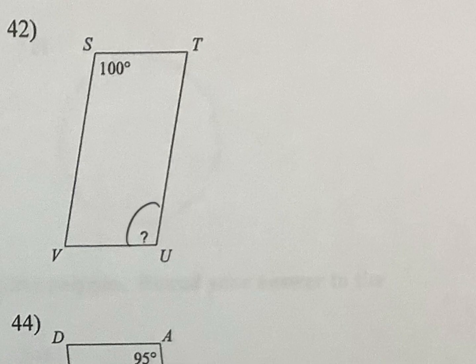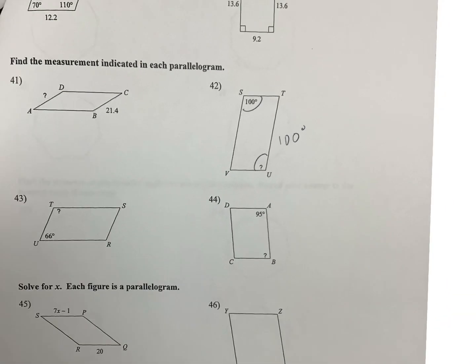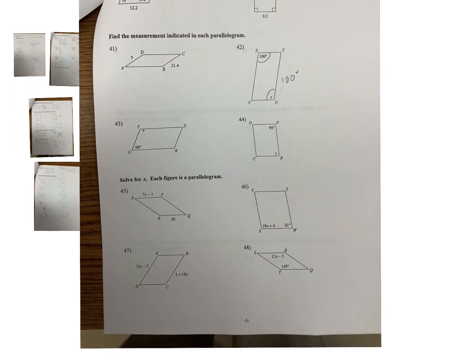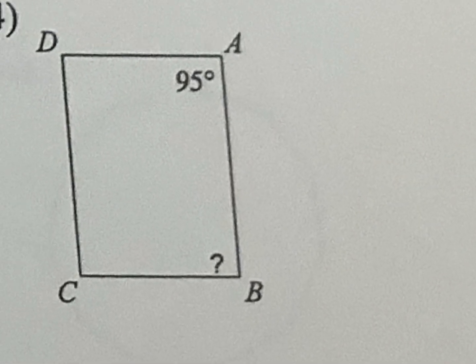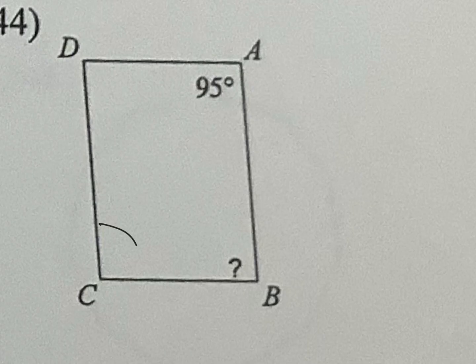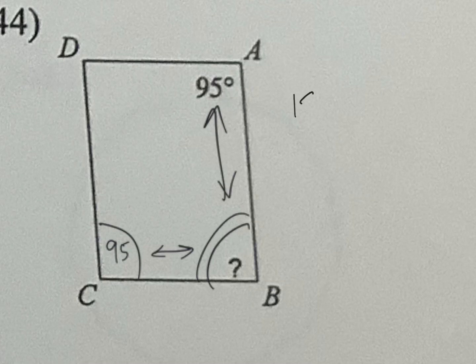Opposite angles are equal, so that's 100 degrees. Okay, let's look at another problem. How about 44? Opposite angles are equal, so this is 95. That's obtuse. This one's acute. So consecutive interior angles. So 180 minus the 95 will get you that answer, which is 85 degrees.